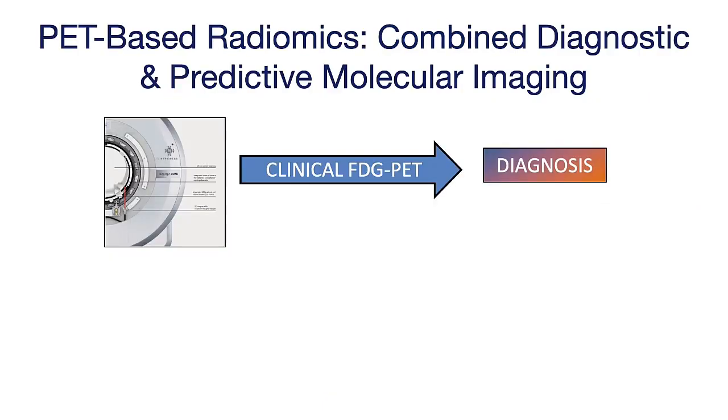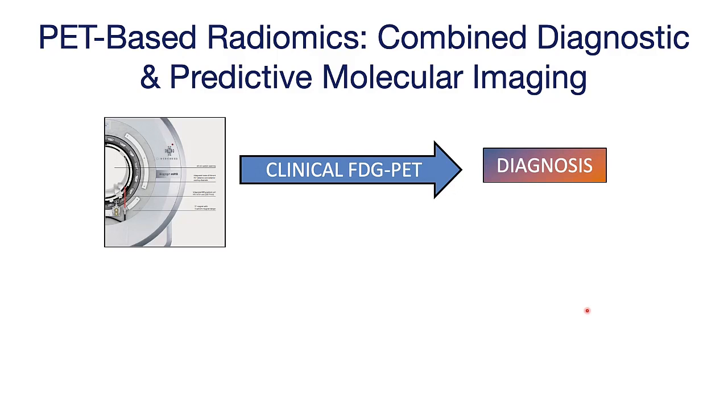So let's summarize then the concept of PET-based radiomics. This is a way of giving us combined diagnostic and predictive molecular imaging. The conventional component of the examination, the clinical FDG PET, gives information that we know is of value for diagnosis.